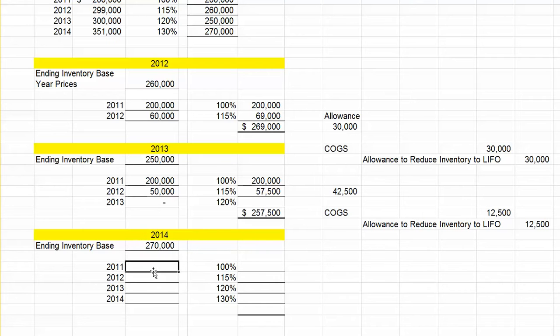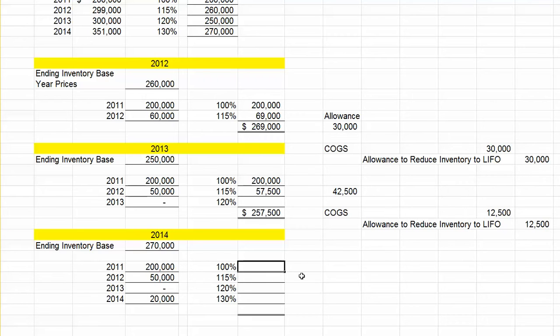Of that, we have a layer of $200,000 from 2011. We have a layer of $50,000 from 2012. We did not add anything in 2013 because our inventory went down in terms of base year prices, which means the remaining $20,000 had to be added at current year's prices.